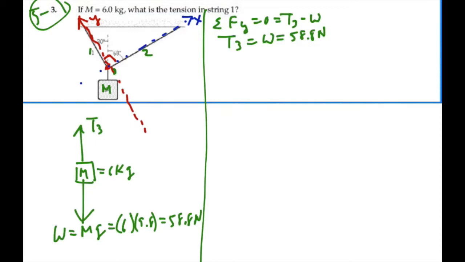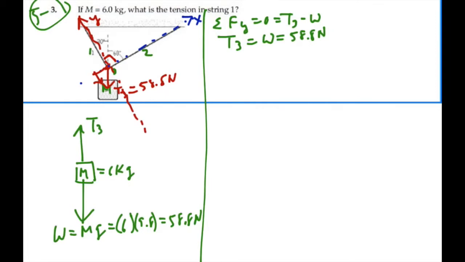So that tension 1 is in the y direction, tension 2 is in the x direction, and the components of tension 3 will be in the x and y direction, the magnitude of tension 3 being, as we said, 58.8 newtons.